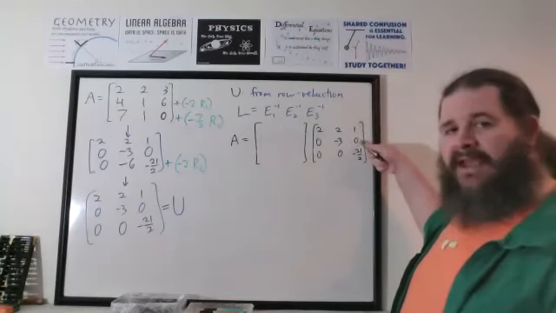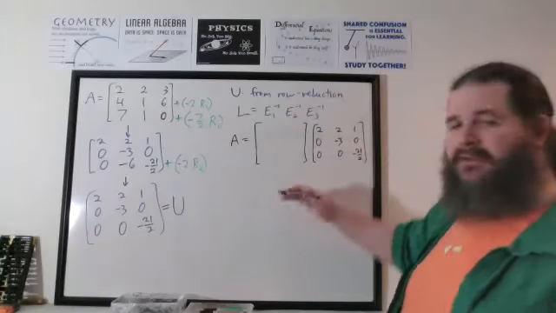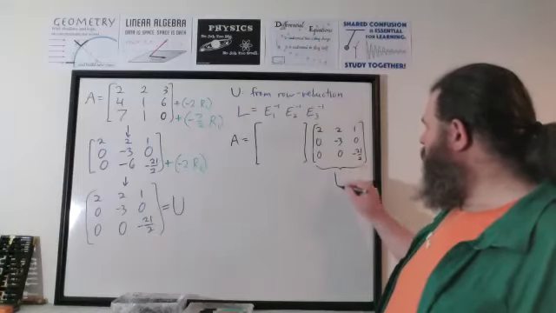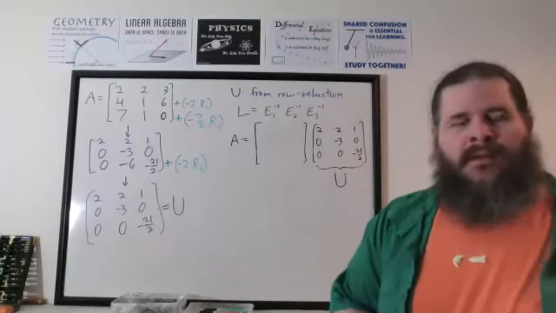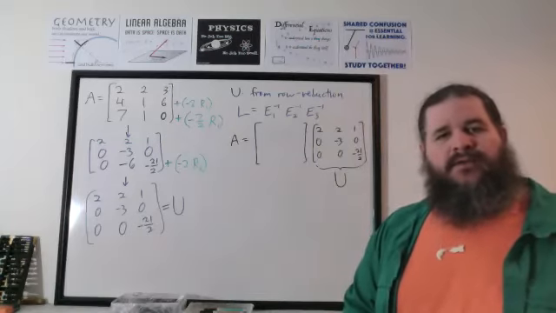And it doesn't matter that we happen to have a 0 here. The important thing is the entire lower triangle, everything below the main diagonal, is 0. So this is matrix U. Any questions on that process for finding U so far?